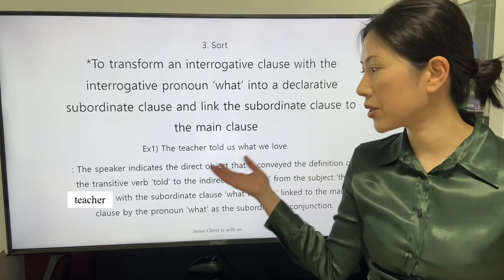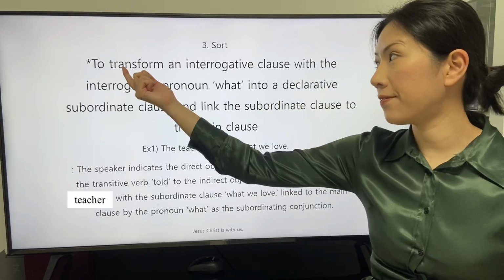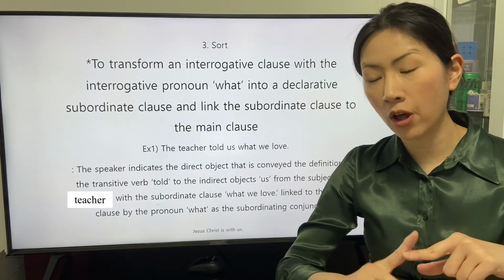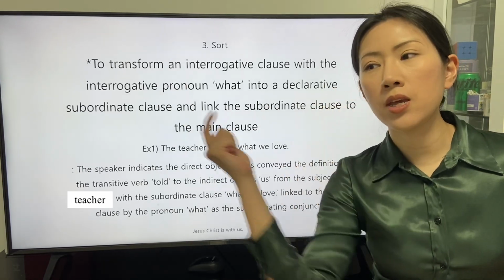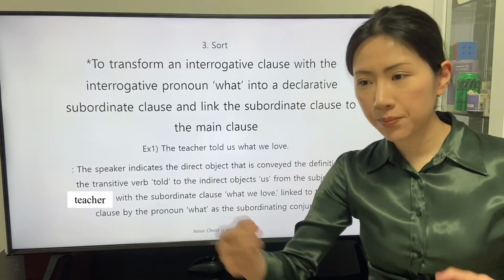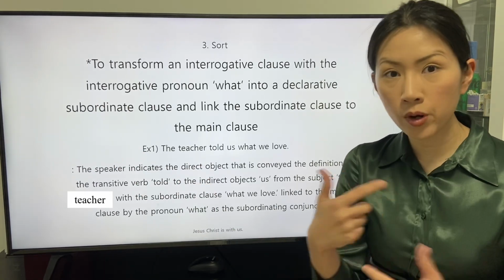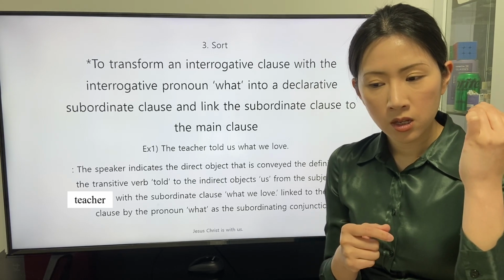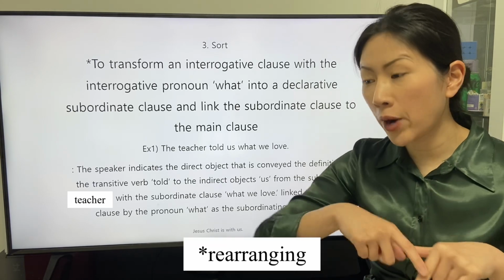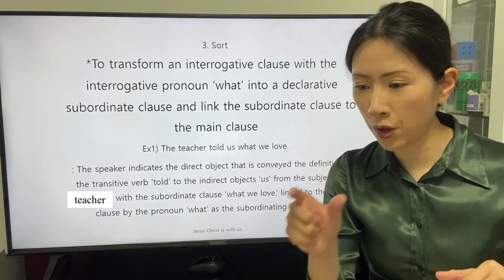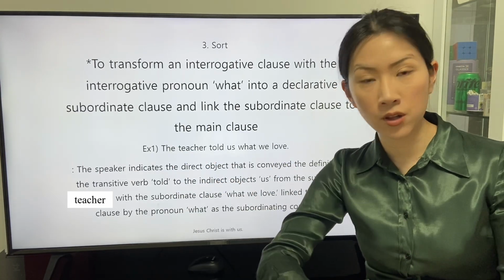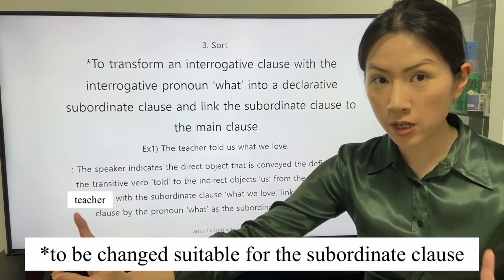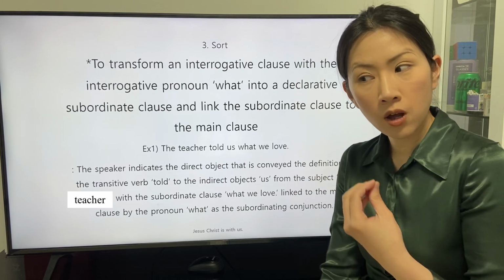Before we start to study the sentence, the transform means that the interrogative clause that starts with the interrogative pronoun what can be transformed, in the perspective of the order of the words in the interrogative clause, into the subordinate clause of a sentence.